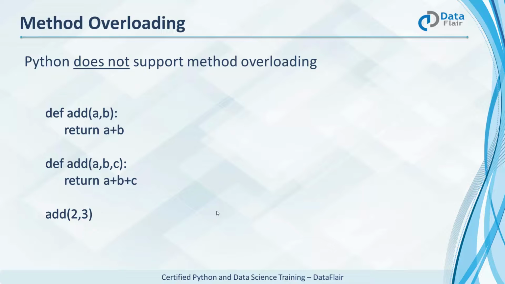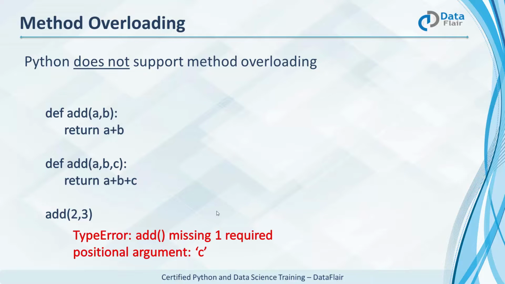While it should have taken the first definition to add the two numbers, it doesn't. It now only knows one definition of add, one that takes 3 arguments. Add has been redefined. And what if we have just one version of add, but with c as a default argument with the value 0? This still isn't overloading.